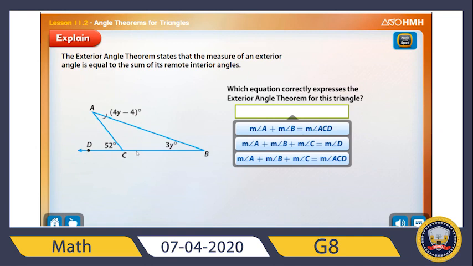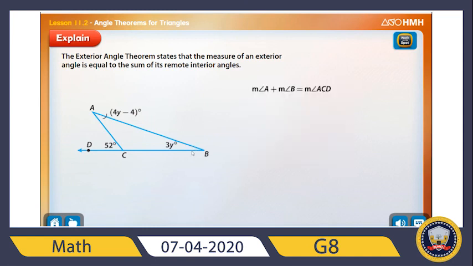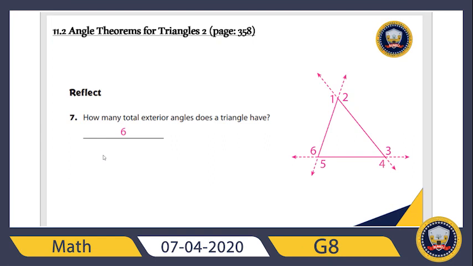Of course, we know the measure of the angle ACD, which is 52 degrees here, is equal to the measure of angle A plus the measure of angle B. So this is the correct one. A plus B gives me 52 degrees.